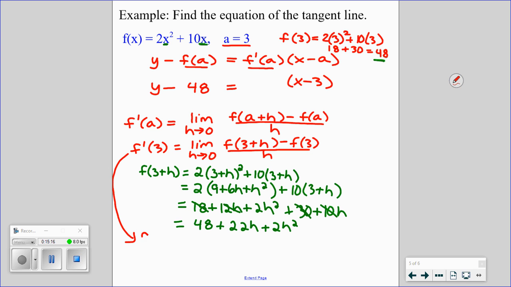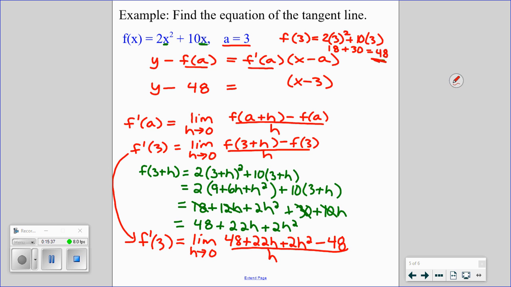Bring this down here. So f prime of 3 is going to equal the limit as h approaches 0 of 48 plus 22h plus 2h squared, minus 48, and that's from our f of 3, all over h.